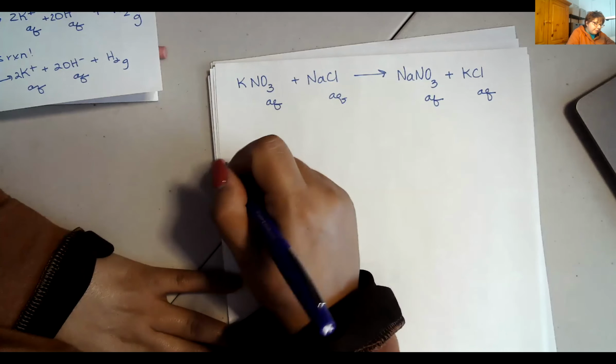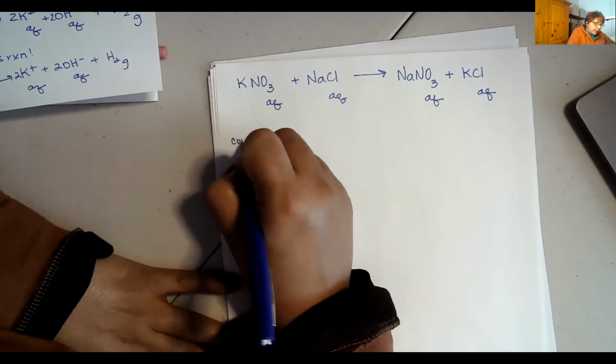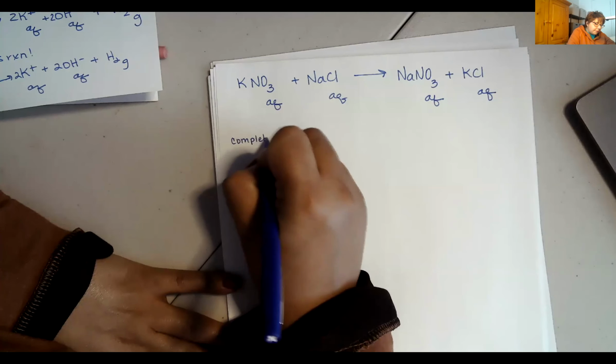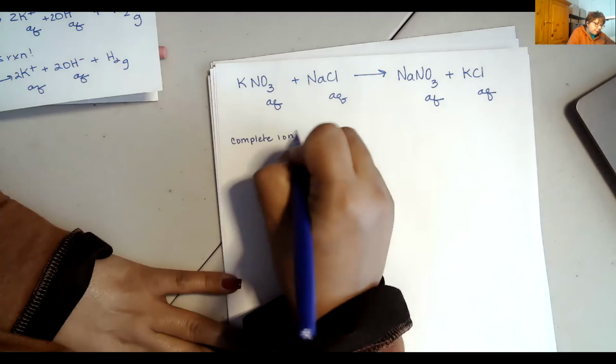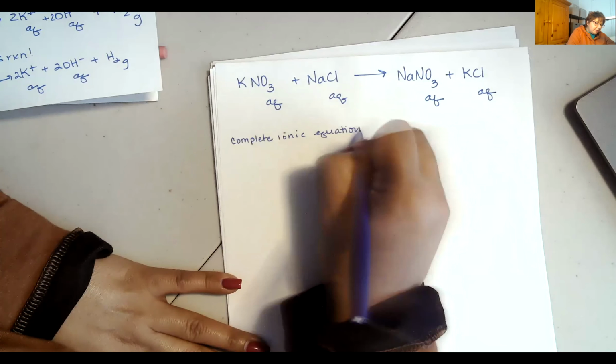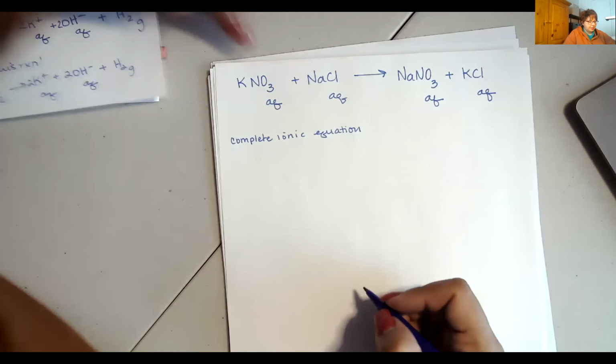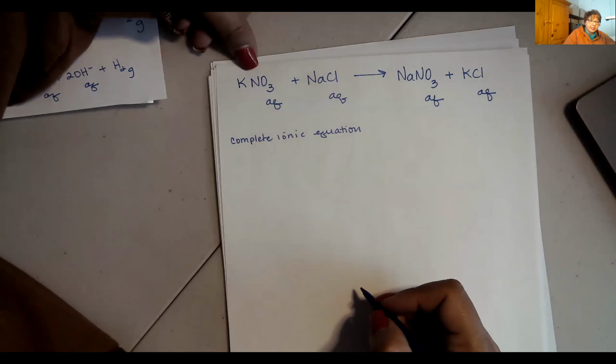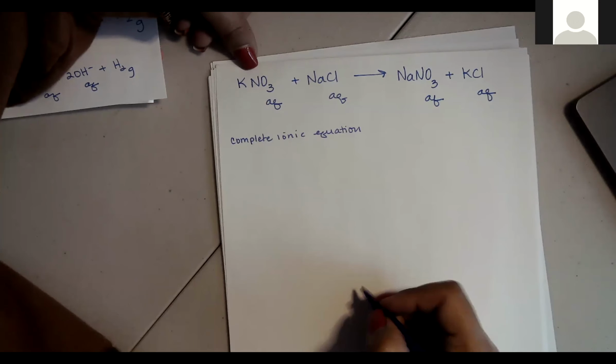Let's go ahead and figure out the complete ionic equation. So you tell me what to write. Do I write this one as ions, yes or no? Yes, I sure do.